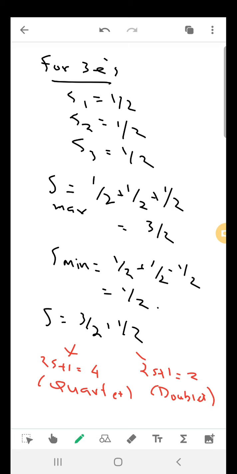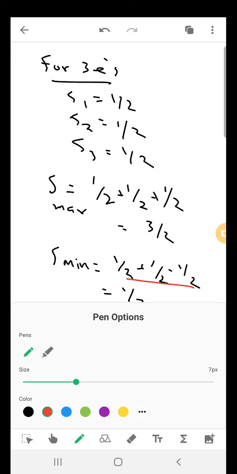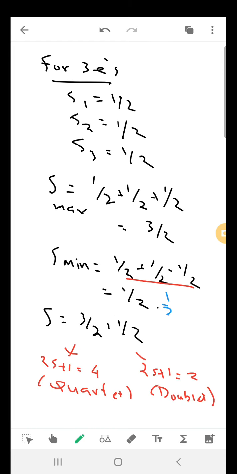Now the question is, we will get 1 set of quartet and 2 sets of doublet, because this combination can also be written as half minus half plus 1. So in fact, there will be one more half corresponding to the different vectorial addition of this. So we get 2 sets of doublet and only 1 set of quartet in this case.